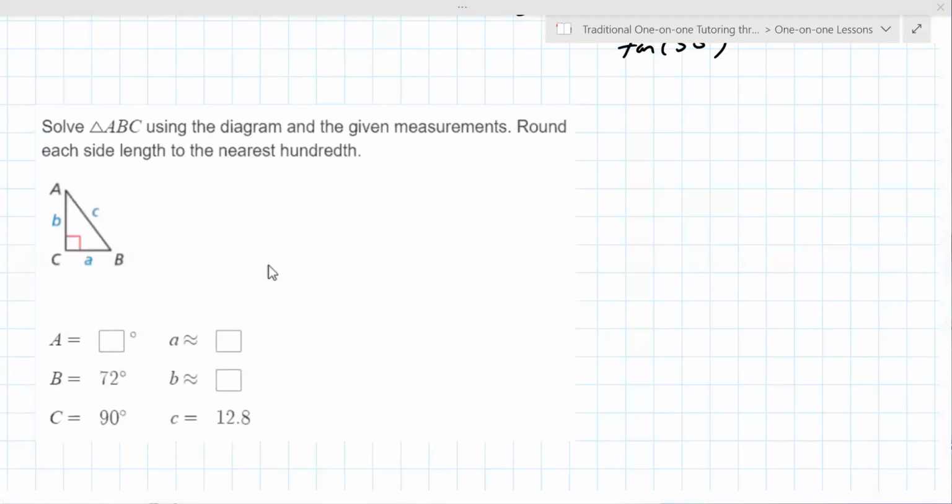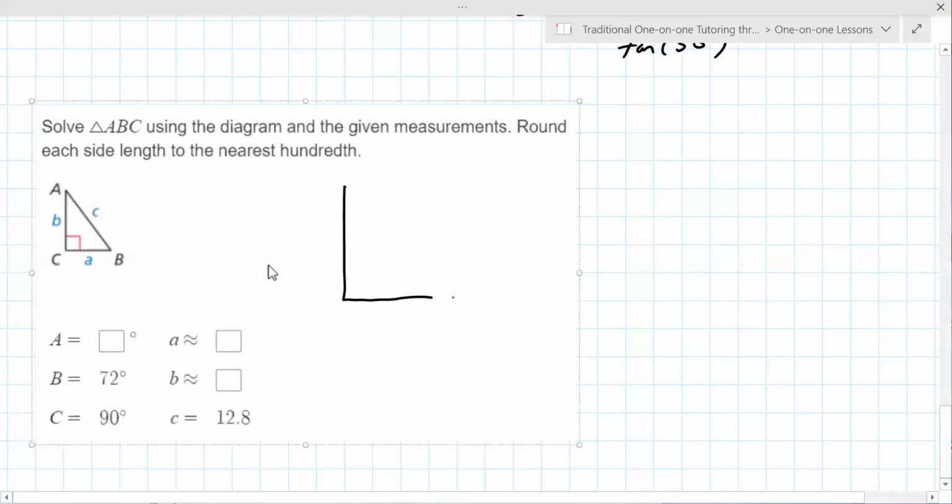All right, so let me share my screen here. And you'll notice, and I hope you're taking notes. Obviously, I'll send these to you at the end, but this can only help here. So this is 18 degrees. This is 72 degrees. 90's there, and then I'm just labeling the side here 12.8.